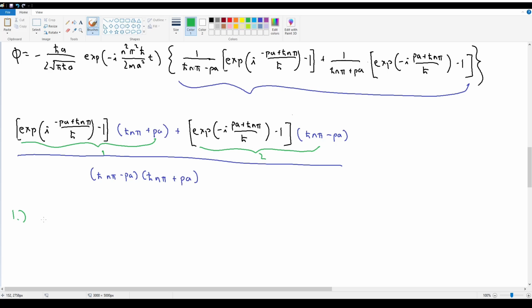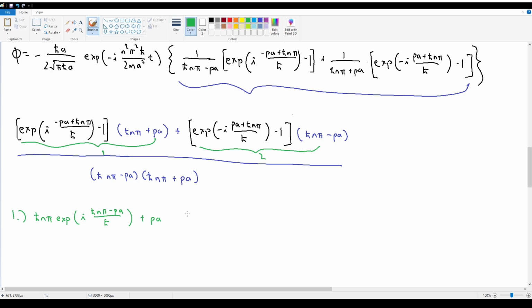Expression 1 is going to be h bar n pi times the exponential of i, and let's do h bar n pi minus pa, like that, inside the exponential as well. This times this, and then plus pa. Actually, do I want to do it that way?